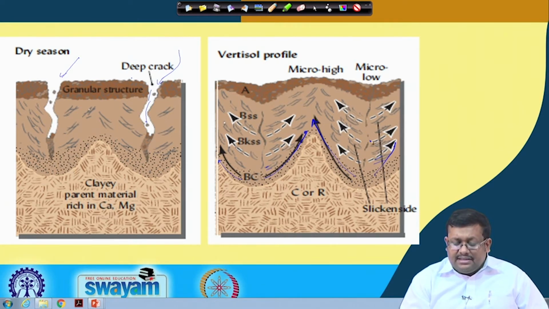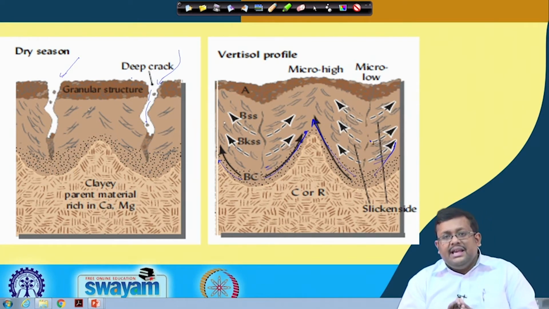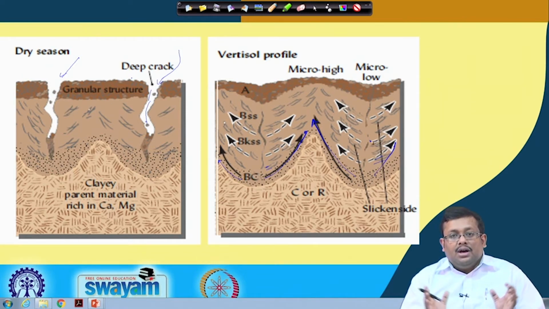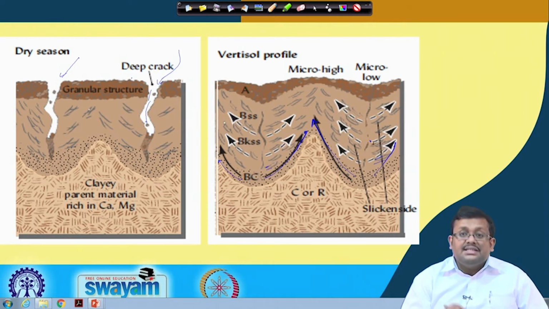Due to the sealing action of water in the vertisol, the excess volume of the soil tries to move out in two opposite directions, and as a result, in the Bss horizons there will be some shiny characteristics.